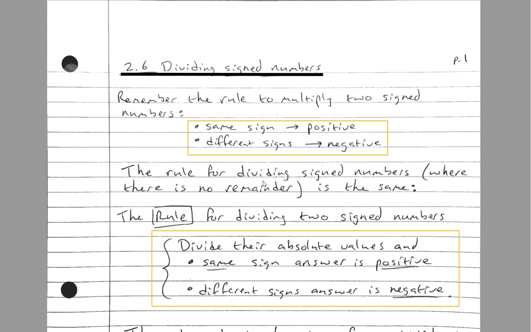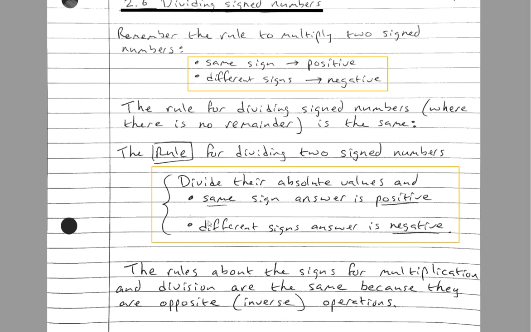Okay, so the good news is that the rule for dividing two signed numbers is the same. Here we're assuming there's no remainder, just to keep it reasonable. So if you divide two signed numbers, divide their absolute values to get the number part, and then is the answer positive or negative?